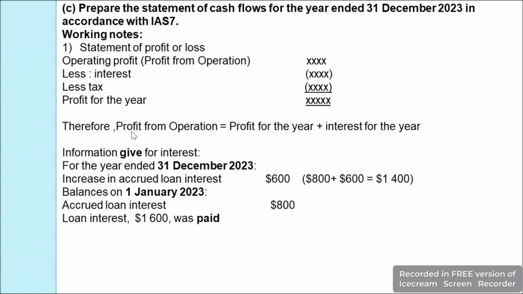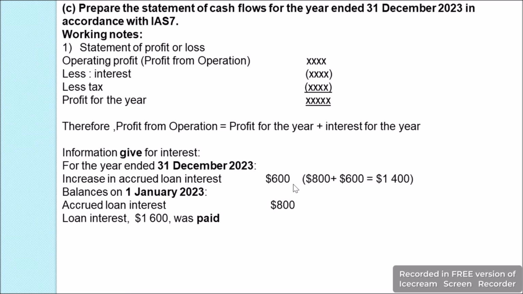So now for us the profit from operation will be equal to the profit for the year plus the interest for the year. Now let's calculate the interest for the year. The information given for the interest is for the year ended 31st December 2023, increase in accrued loan interest was $600.